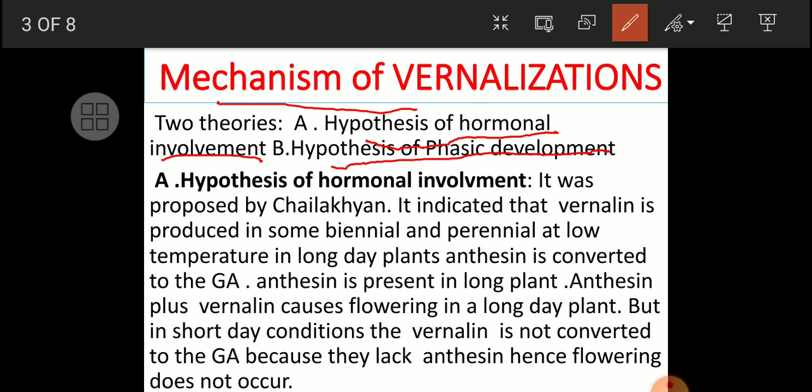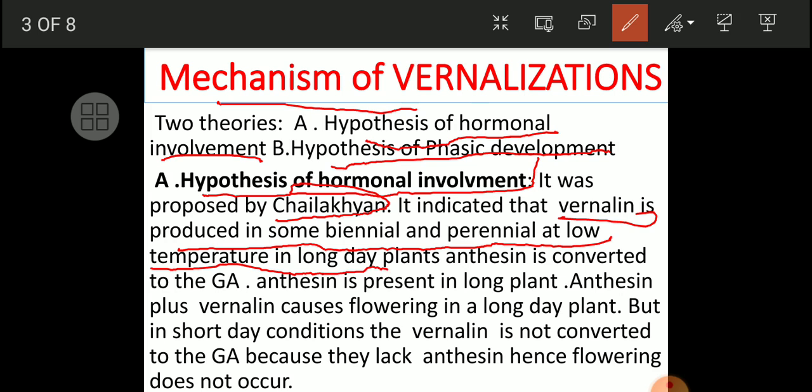First hypothesis, that of hormonal involvement. This hypothesis was proposed by Chailakhyan, that is the name of the scientist. According to him, vernalin is produced in some biennials and perennials at low temperature.